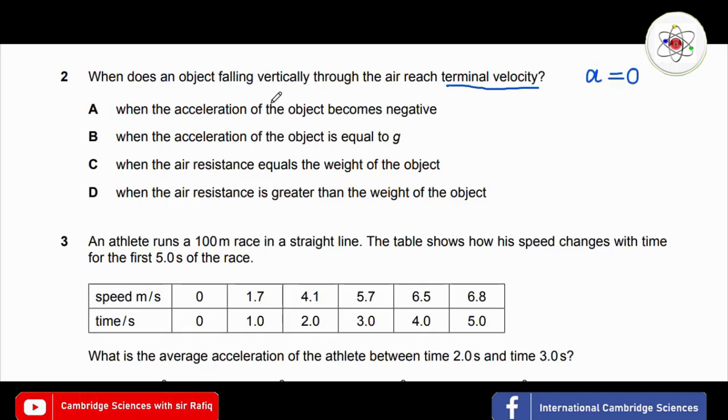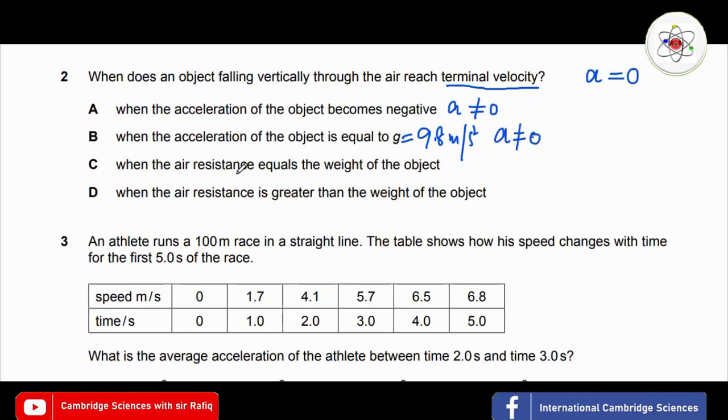So let us go through the options. When the acceleration of the object becomes negative, acceleration is not 0, it has a negative value. For B, when the acceleration of the object is equal to g, which is 9.8 meter per second square, again it is not equal to 0.